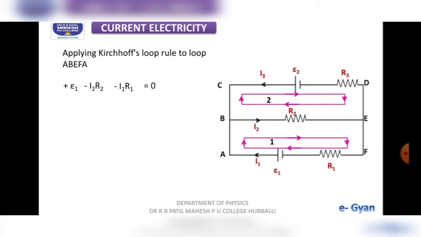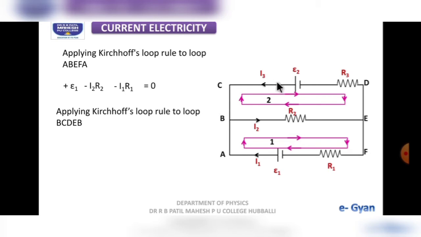Now let us apply Kirchhoff's loop rule for the second loop, that is B, C, D, E, B. Here the direction of loop is along the direction of decreasing potential. It is moving from positive pole to negative pole. Therefore, EMF of this cell is taken as negative. Direction of loop and direction of current are opposite to each other.